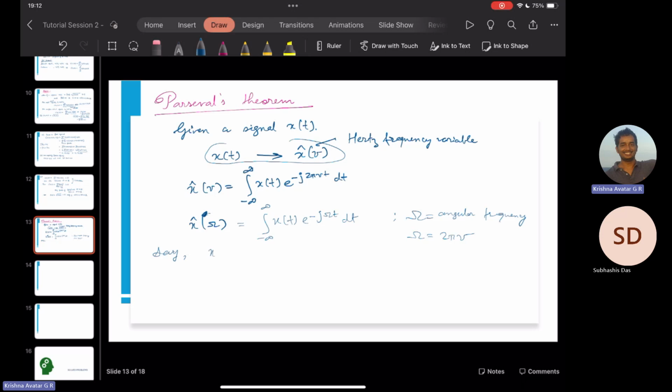Then x of t has x of nu, and then y of t. Now, the inner product of x comma y is given as minus infinity to infinity x of t, y of t conjugate, dt, right?